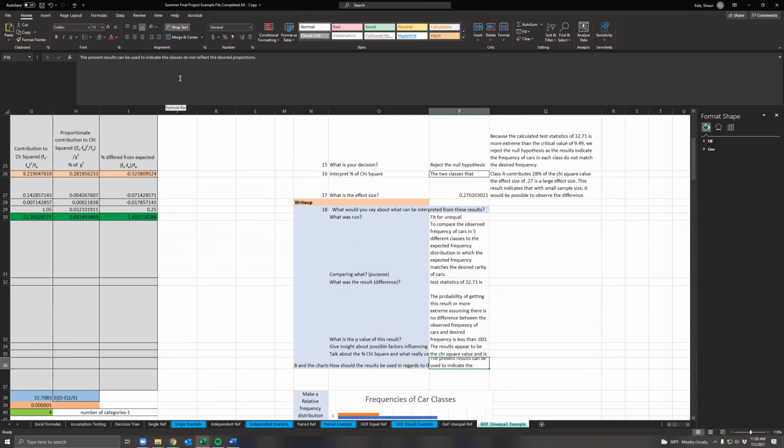And then how should these results be used? The present results can be used to indicate classes do not reflect the desired proportions. The manufacturers should consider not producing as many Class S cars and producing more Class A cars to meet the desired proportion.